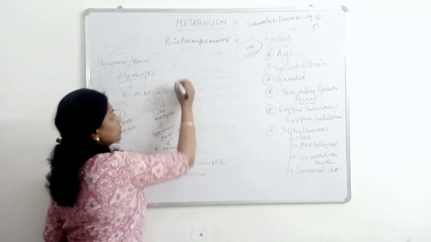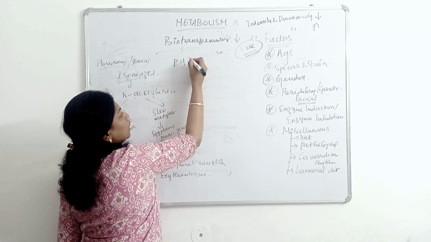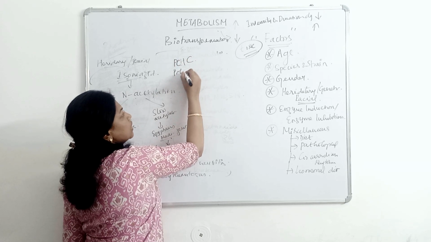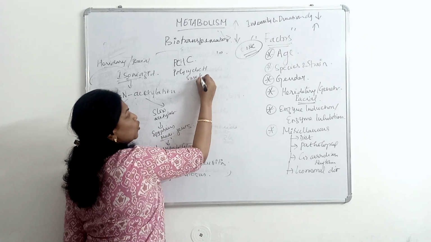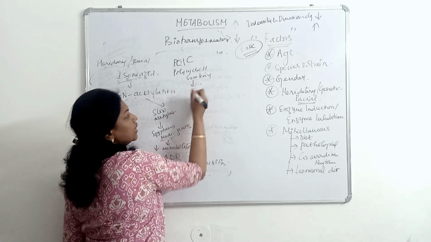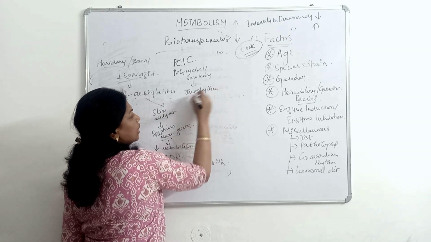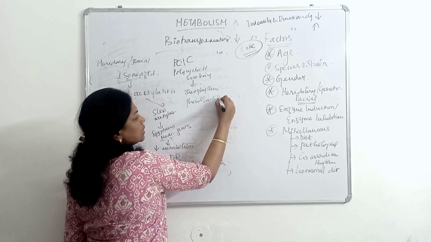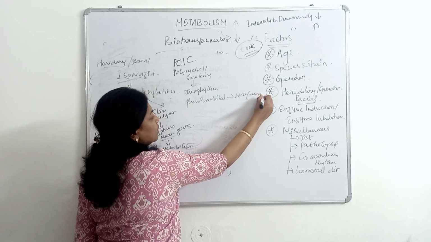Like in case of polycyclic hydrocarbons, that is in case of smoking. This will induce the metabolism of drugs like theophylline, and there are drugs like phenobarbital which have an induction effect on drugs like warfarin.